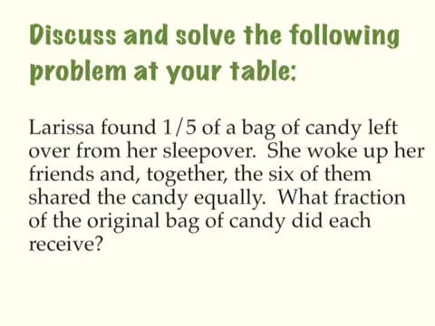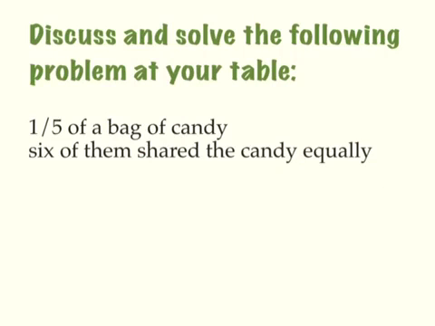The first thing you'll take note of is that there are two key pieces of information. The first is that there's 1/5 of a bag of candy left over. And the second thing is that it's being shared with 6 people. Just like in task 1, I think the easiest way of solving this is to draw a picture.